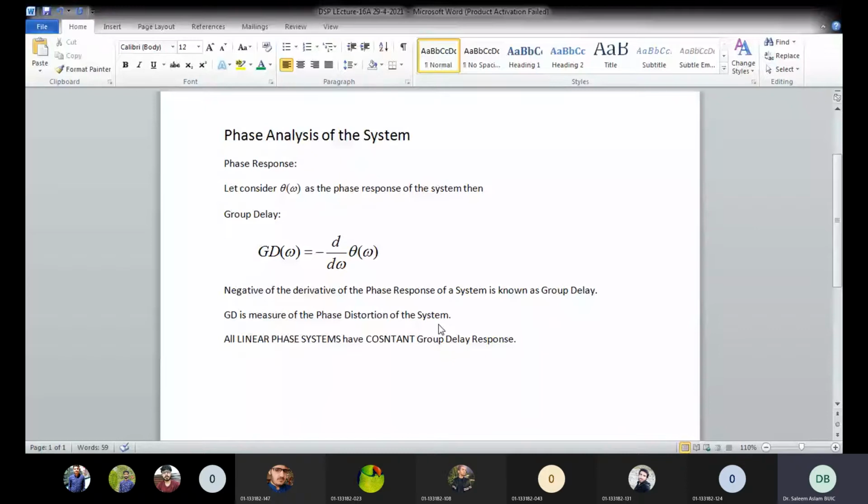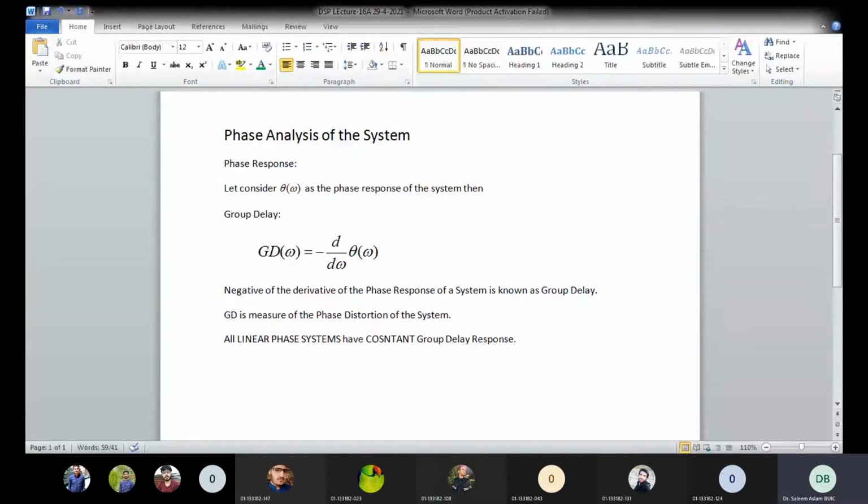So if the group delay is a constant function, then we are okay. But if the group delay is not a constant function of frequency, then we might have some problem. So we need to be careful while defining the group delay quantity, right? We defined that all FIR systems have a constant group delay, or linear phase response.